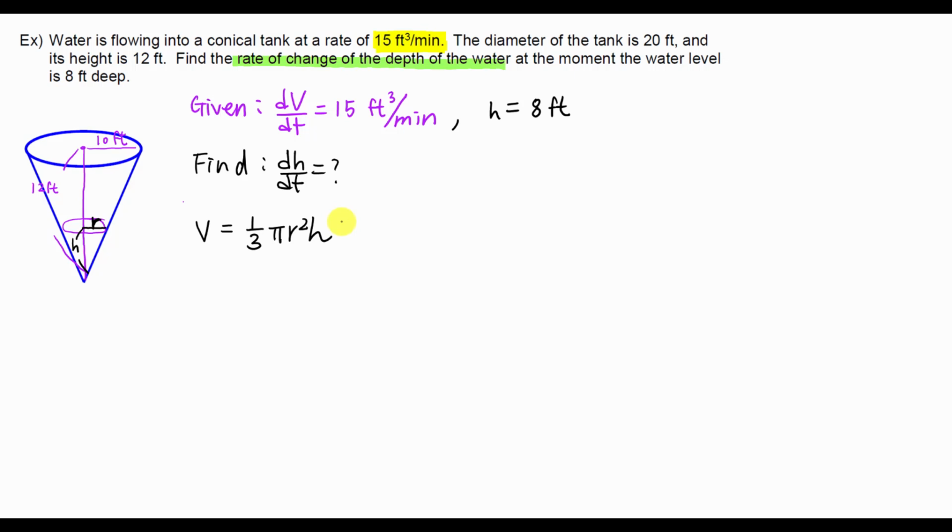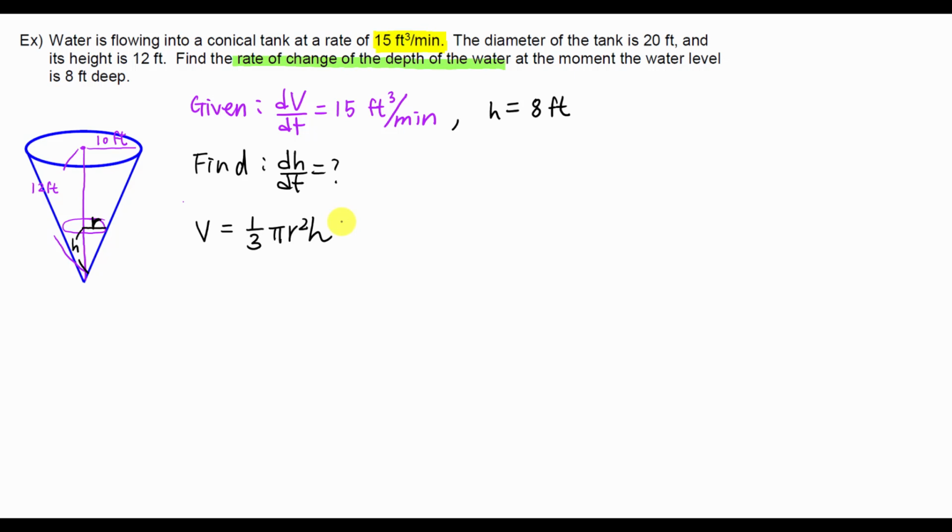I only have information about h and dV/dt. So if I keep the r here, I will be stuck. So what do we do here? We have to find a relationship or an equation that is always true between r and h so that we can get rid of r without changing the original problem.